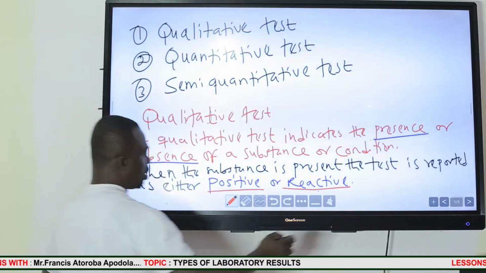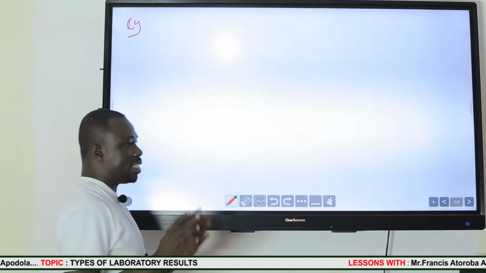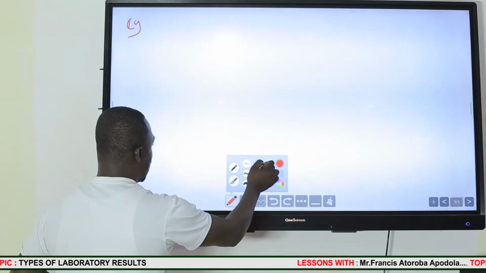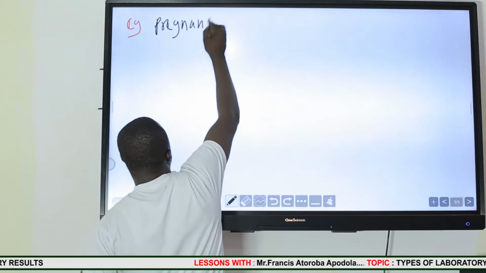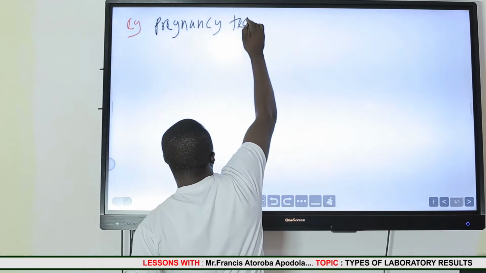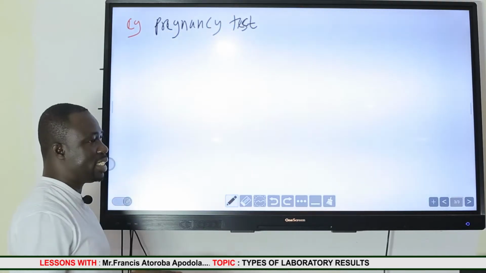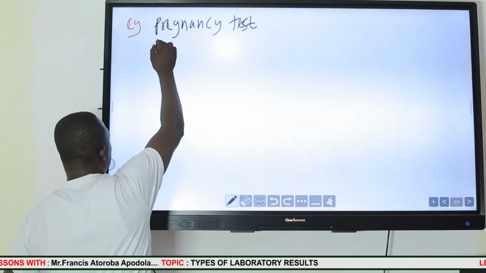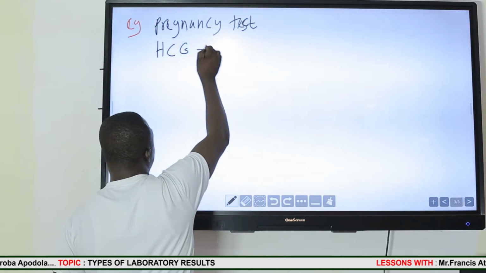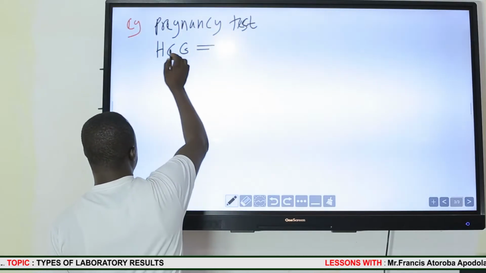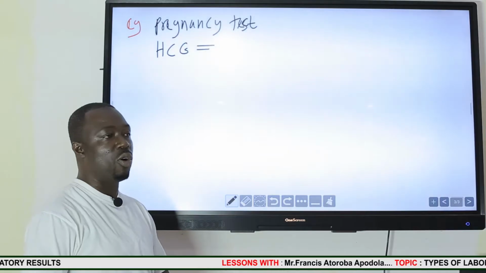Take for instance a pregnancy test, which actually tests for the hormone called HCG. The HCG can be tested for in either the urine or the blood.